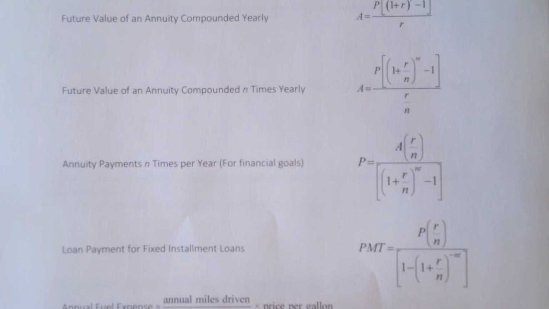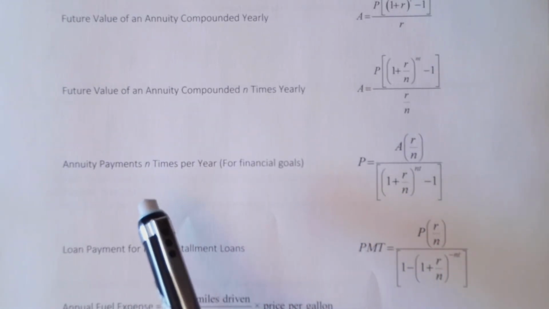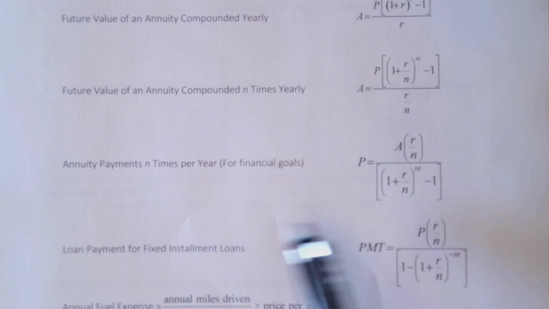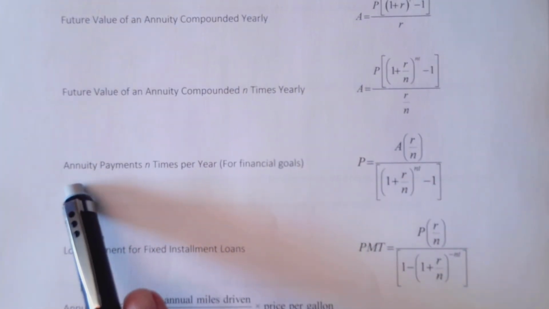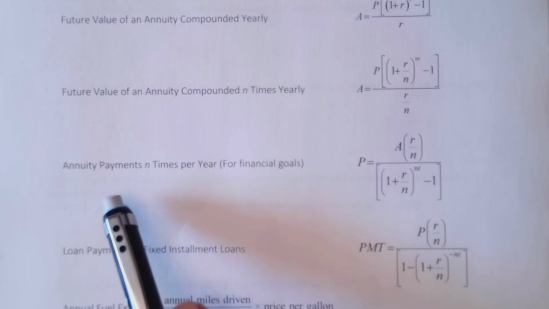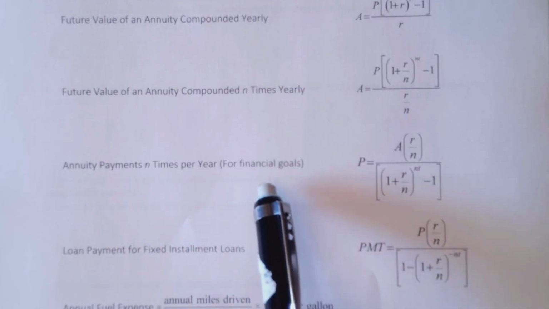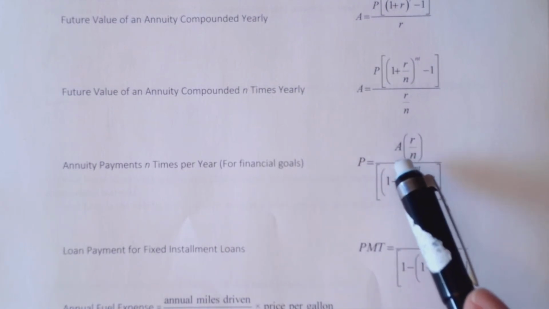If you had a problem where you were trying to find what your monthly payment needs to be, you would be using this formula. Notice it's an annuity, with payments n times per year for financial goals. So that's if you have a goal. Maybe you want to raise $50,000.